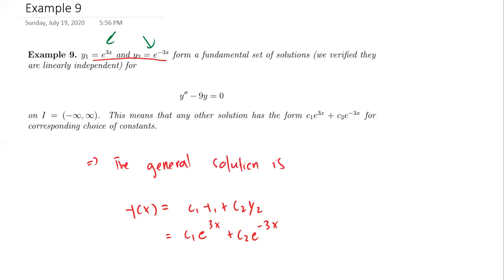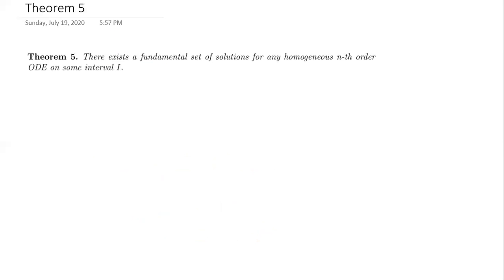Now, the last theorem. Given an nth order homogeneous differential equation, is there even a fundamental set of solutions on some interval? Is it even worth trying to find a fundamental set of solutions?